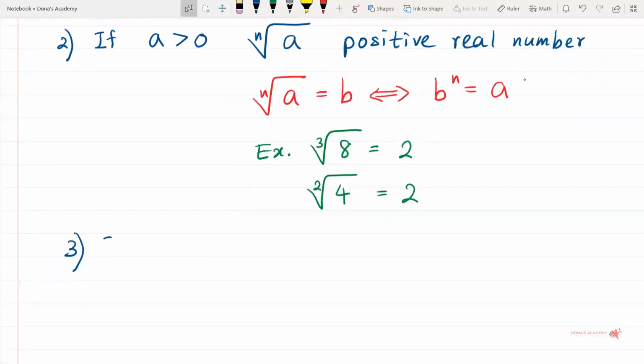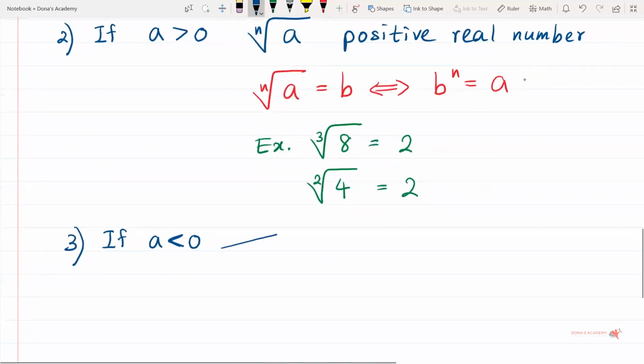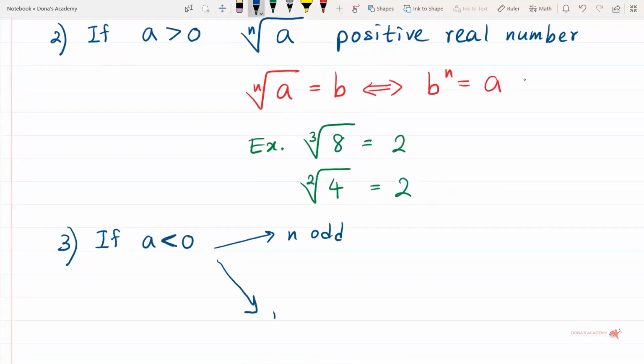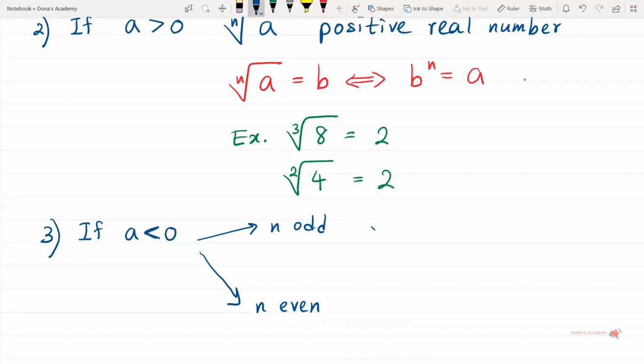If a is negative, you have to be careful. You have to consider two cases. First one for n odd, second one for n even. All right. Okay, so when n is odd, then this thing is a negative real number, right?